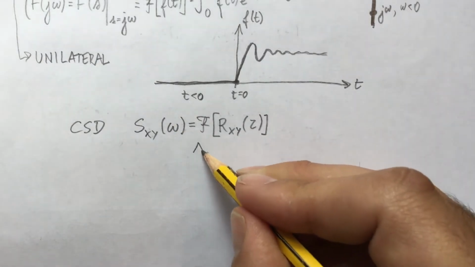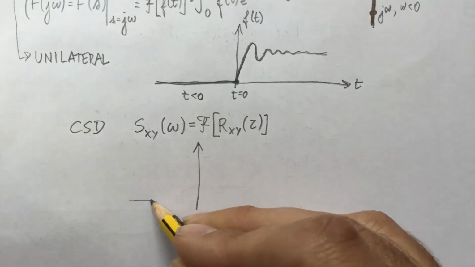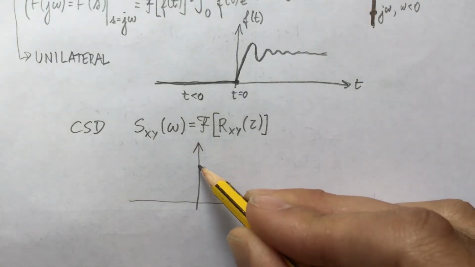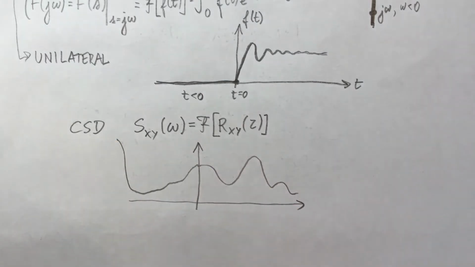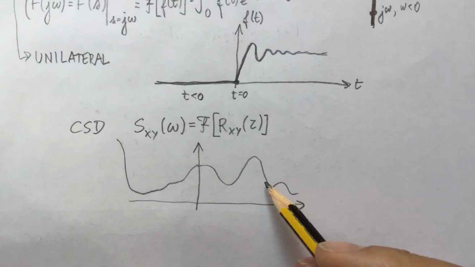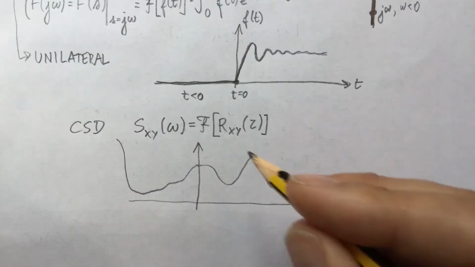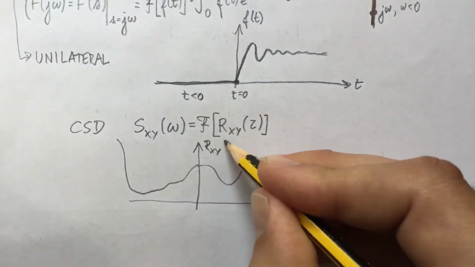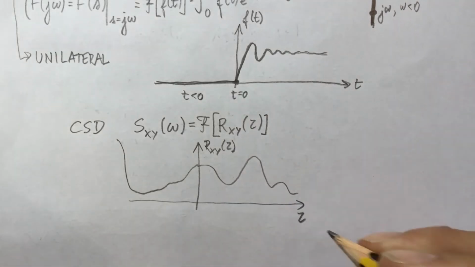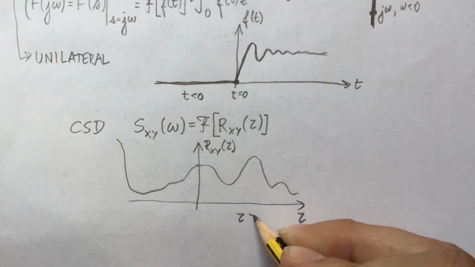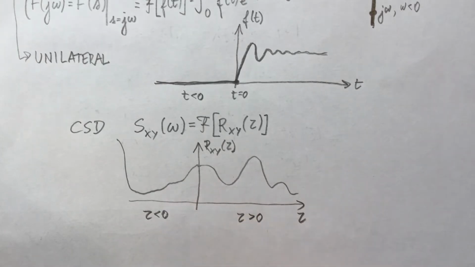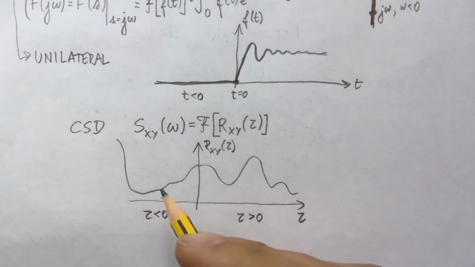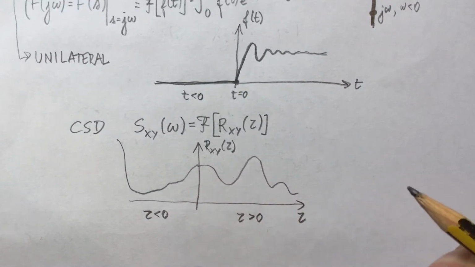Now, remember that this cross-correlation of two signals is not, in the general case, an even function, symmetric around the vertical line at tau equal to 0. It can be anything like this, for instance. So, it exists for both positive values of tau and negative values of tau, and is not an even function.